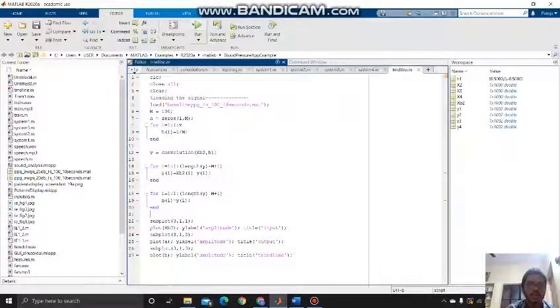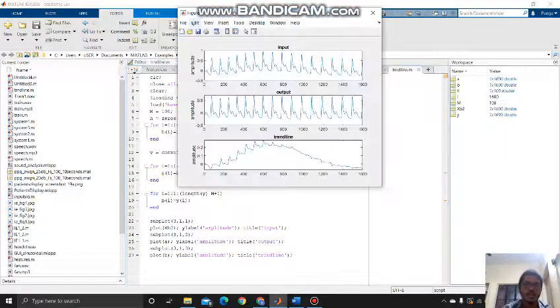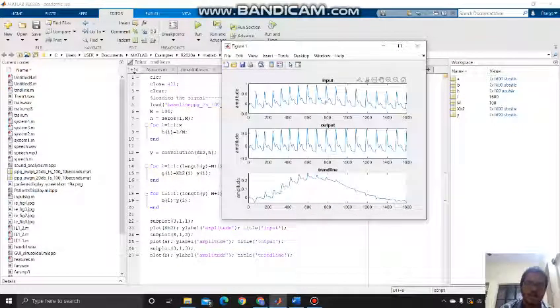After running the program, this is the input. We can see the baseline is increasing and decreasing. After removing the trend line, we get a stable output. So this is the removal of the trend line.